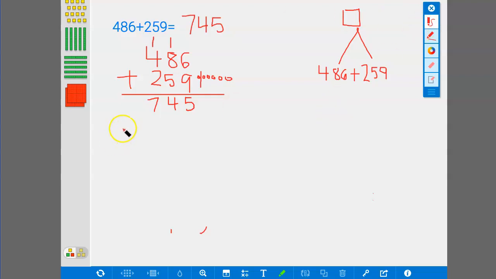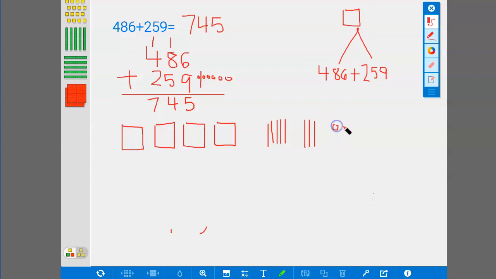If you want to see it in picture form, it would look like this: 100, 200, 300, 400, 10, 20, 30, 40, 50, 60, 70, 80, 81, 82, 83, 84, 85, 86, 200, 100, 200, plus 50, 10, 20, 30, 40, 50, and 9. 1, 2, 3, 4, 5, 6, 7, 8, 9.